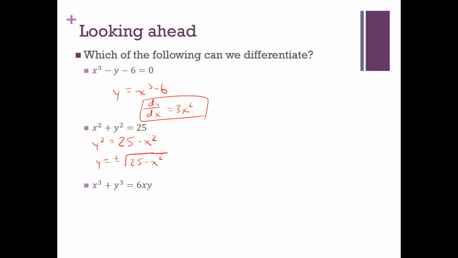If you divide by y, let's see what happens there. Yeah. So then you have x cubed over y plus y squared equals 6x. So while I don't want to say it's impossible, it's obviously going to be more difficult, right? So if we could find a way to take that derivative without getting involved in that, that'd be good.